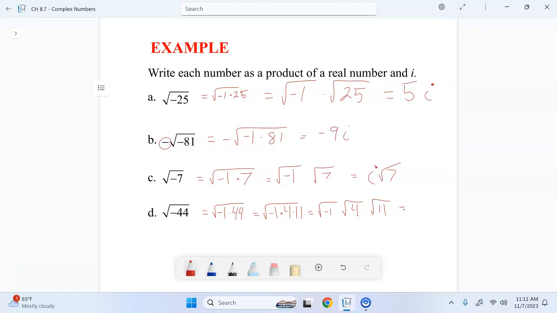What is that going to leave me with? 2i root 11. Okay, so break it apart, take the roots. Just remember that negative 1 is always going to be one of your factors when we have those non-real numbers, and then we make sure that comes out as an i. All right? Questions? Cool.